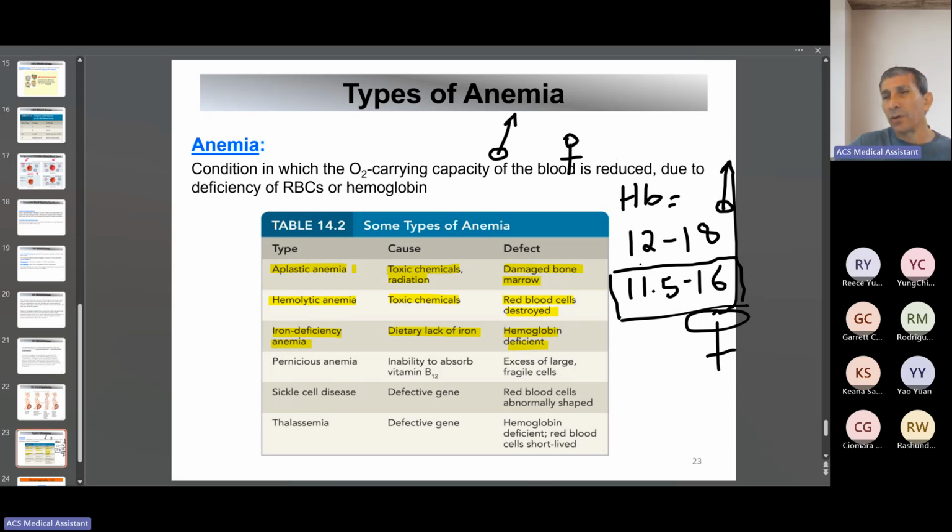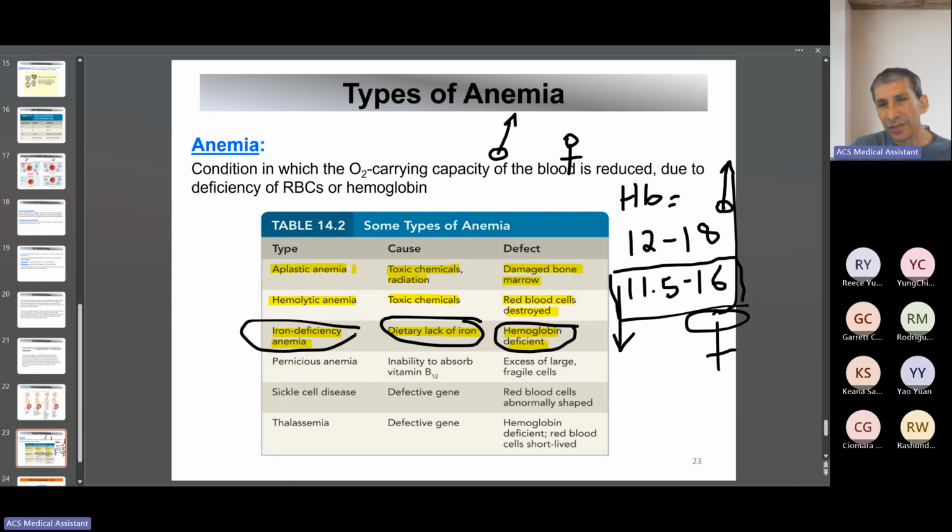So your hemoglobin levels need to be between 11.5 and 16 in females, 12 to 18 in males. If you go below 11.5 as a female, then it all depends on what causes either of these types of anemias, of course. But if it is due to lack of iron, now this is the one that applies. Hemoglobin. So it will be iron deficiency anemia.